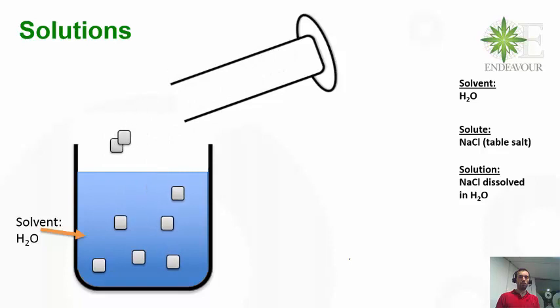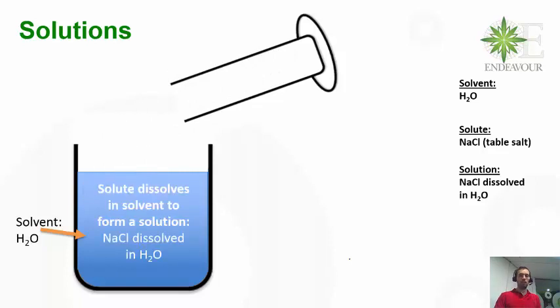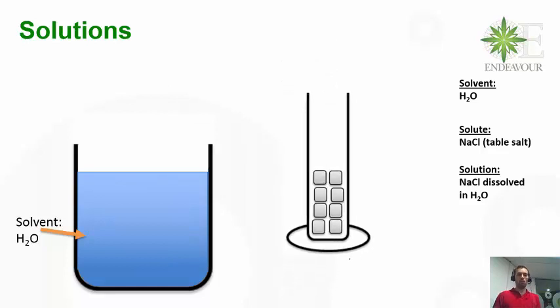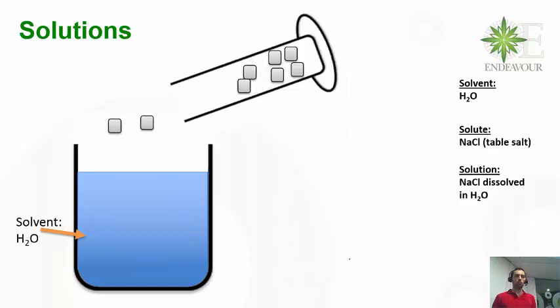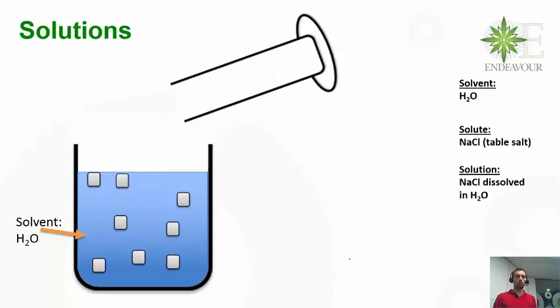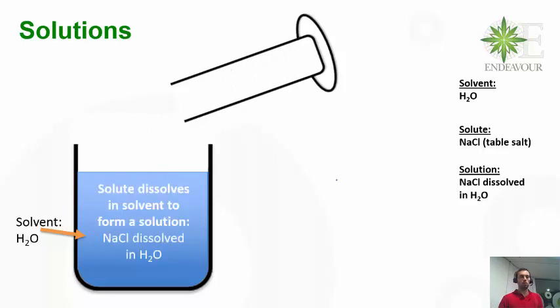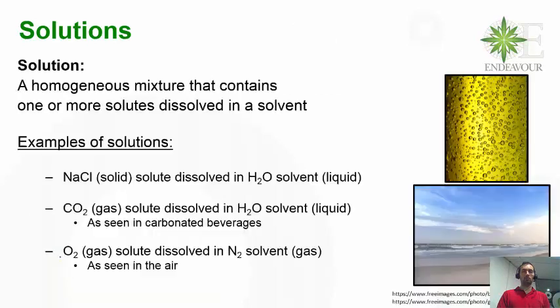Once we have the solute and solvent mixed together, we get dissolving of the solute in the solvent. Remember, there's more of the solvent than there is the solute. So in this case, we have a solution forming involving water and salt. The salt is dissolving in the water, which is acting as the solvent.